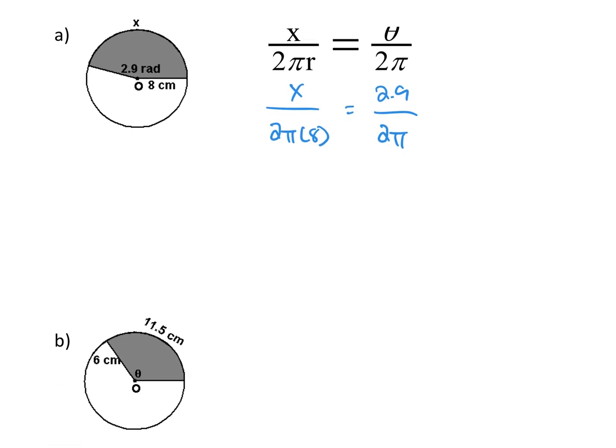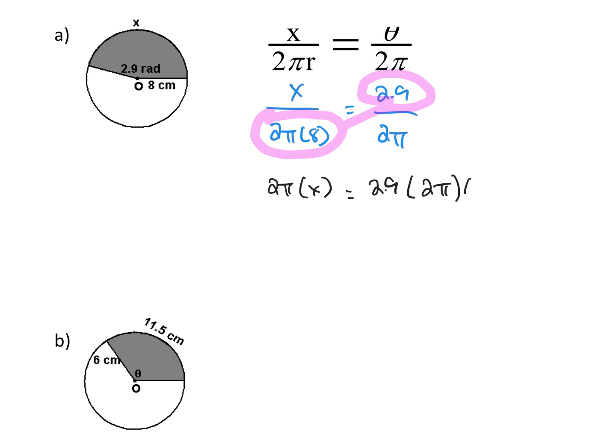Something's funny is going to happen when we try to work this out. Because if I cross multiply and multiply these two things together, I'm going to get 2 pi times x equals 2.9 times 2 pi times 8. And then if I divide by 2 pi, can someone see what's going to happen?